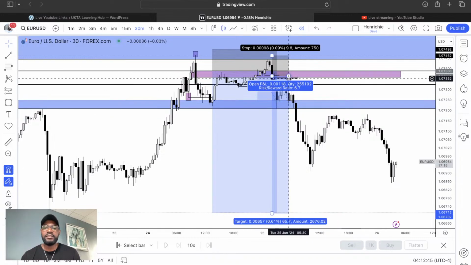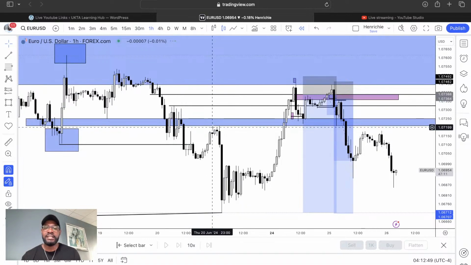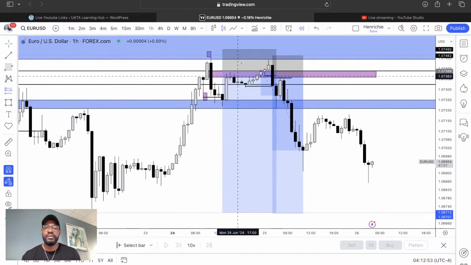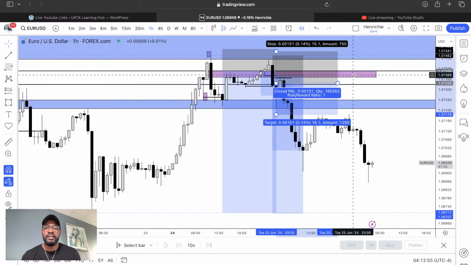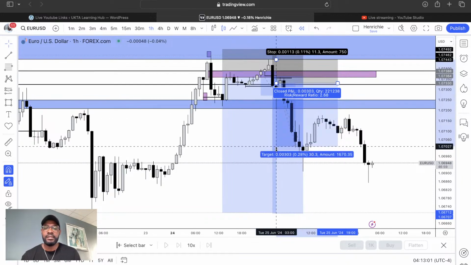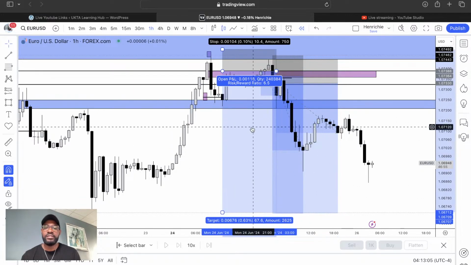Now, if we wanted to have a third entry, it would have been from the 1 hour time frame. On the 1 hour time frame, we use the inefficiency and then use this high as stop loss, 11 pips. Take profit, same location. First entry 1 is to 6.5.